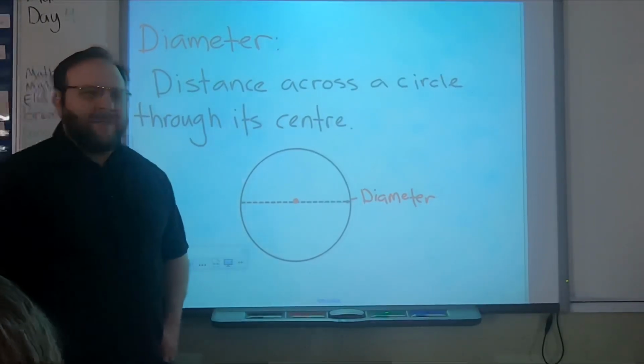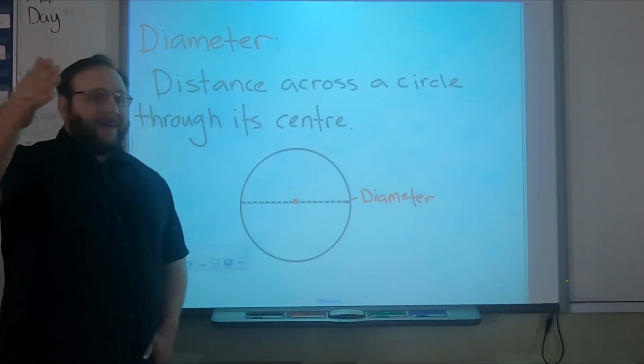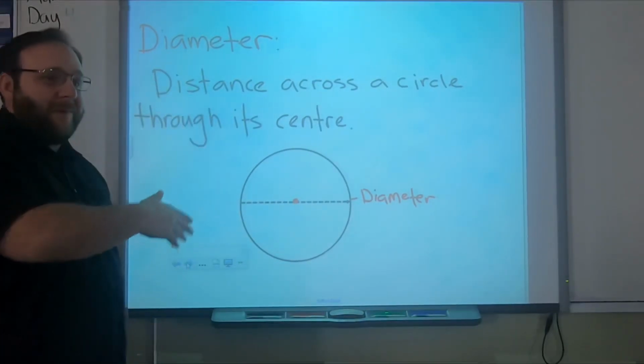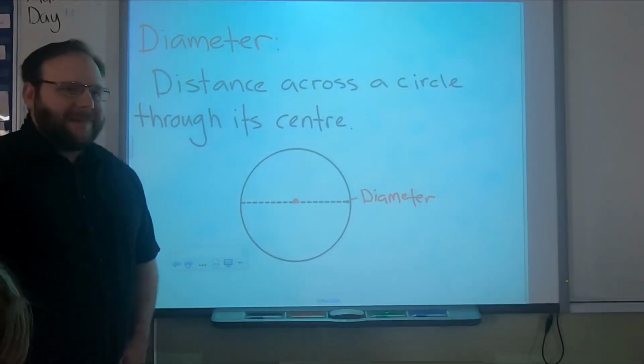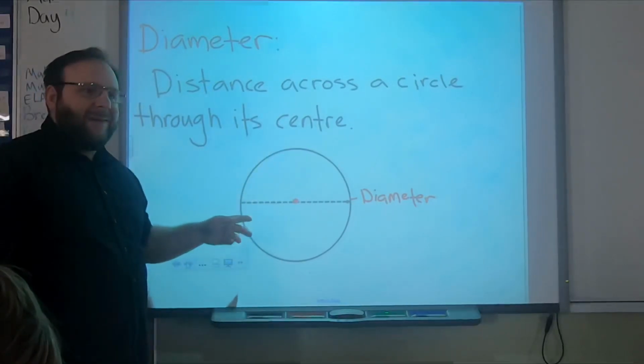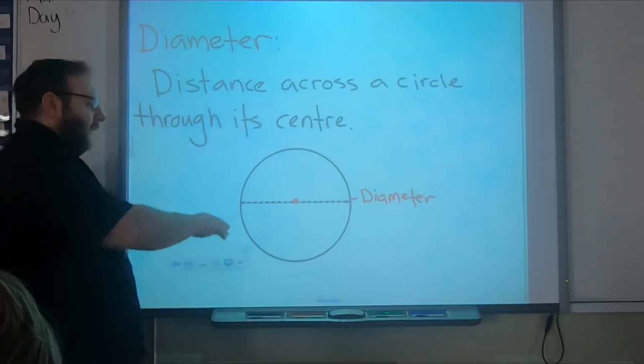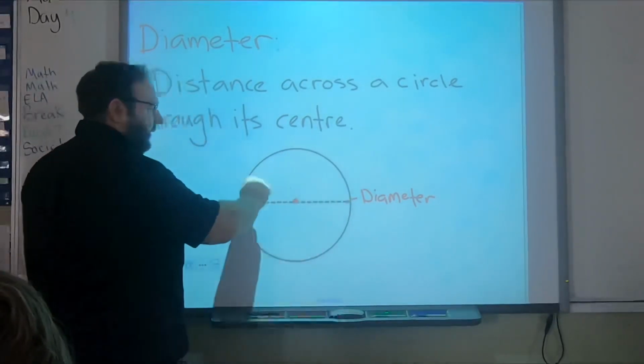Okay, so what can we say about it? You guys are telling me exactly what it is, but I'm looking for: the radius is blank of the diameter, or the diameter is blank of the radius? Half. Yes! Say it again, Sage. Half. Yes, the radius is half the diameter, or the diameter is double the radius, exactly. So the radius is half the diameter, and the diameter is double the radius.